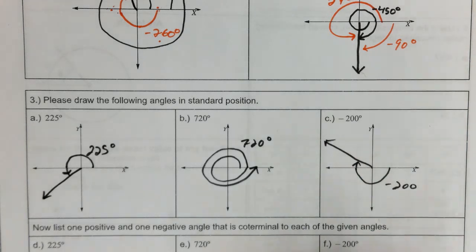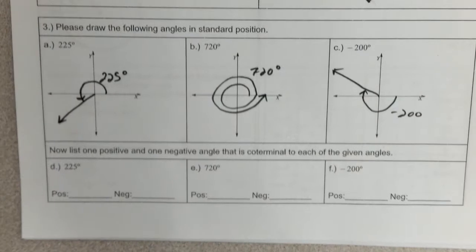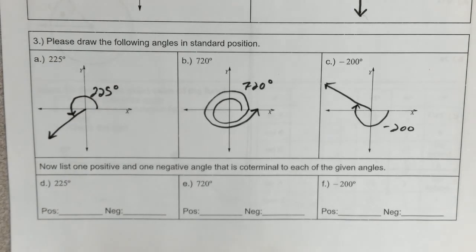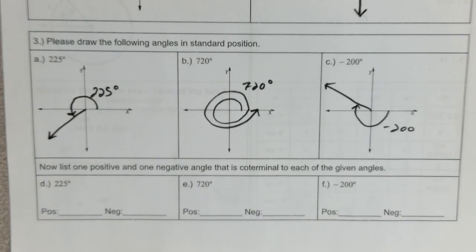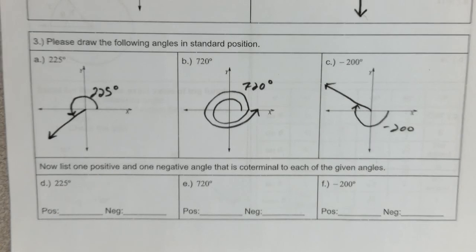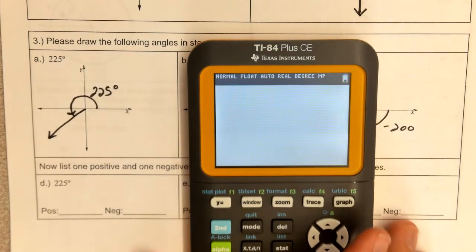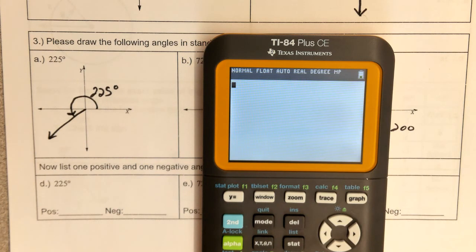Now, can you find one positive and one negative coterminal angle to each one of these? You should go ahead and pause the video and try it. Here are the answers. This can actually be done without even sketching the angles. What we can do is subtract and add 360 degrees.